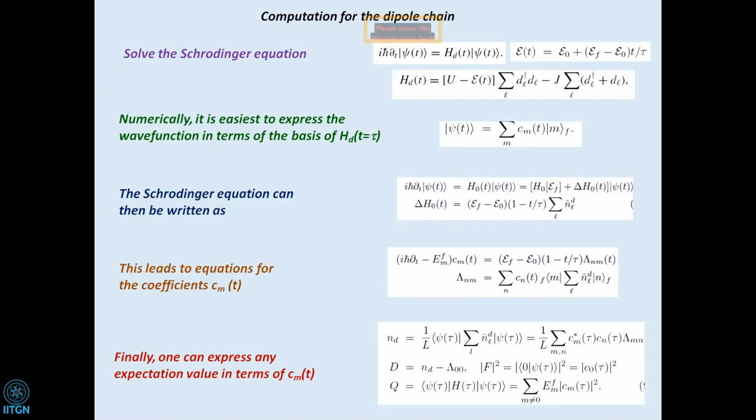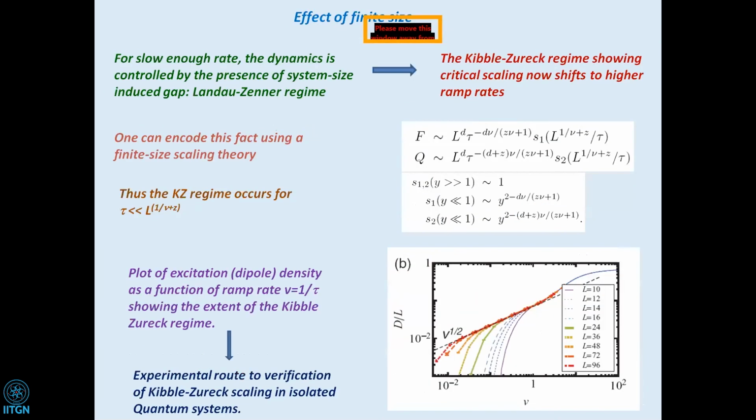And what we find is something analogous to excitation density, and these exact numerics seem to point that you are going to see this square root of v. v is just 1 over tau, which is the rate at which you are going through the transition, exactly as the Kibble-Zurek result predicts.